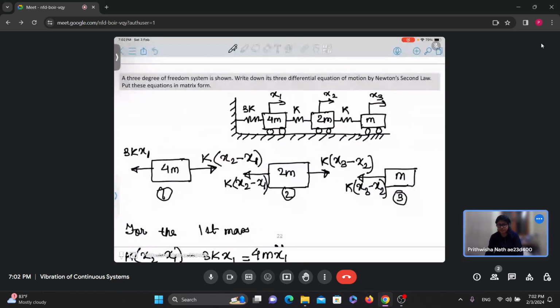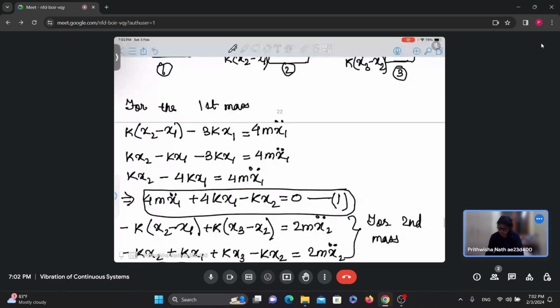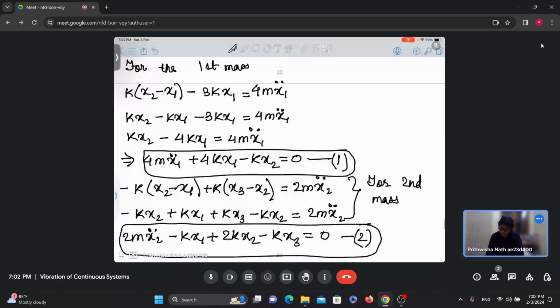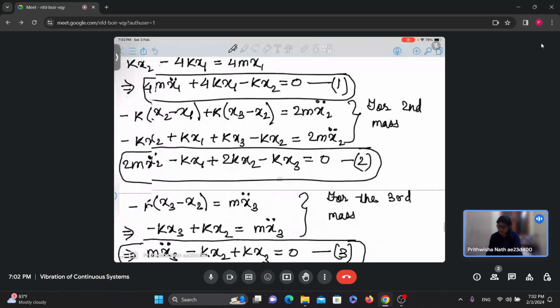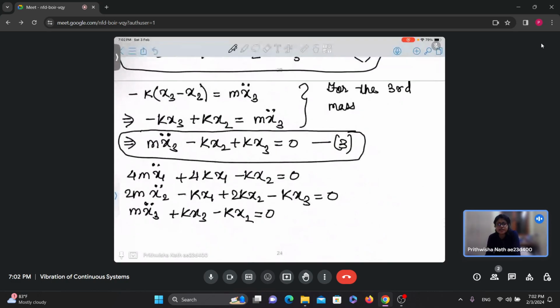So the equation is written as minus of k(x3 minus x2) equals m x3 double dot. For the third body, the mass is m, only m. So rearranging the equation, what we get is m x3 double dot minus of (kx2 plus kx3) equals 0.